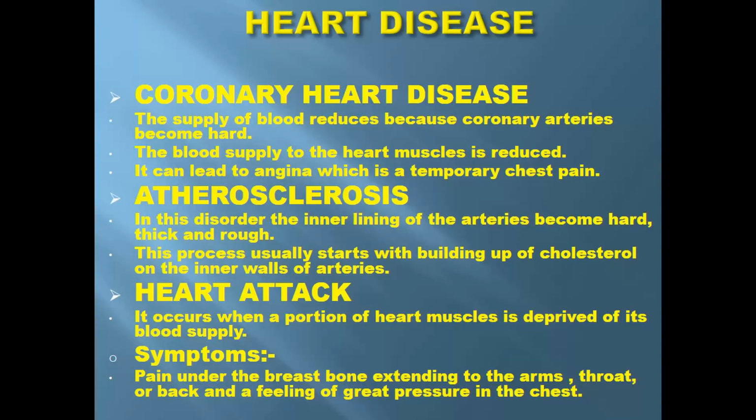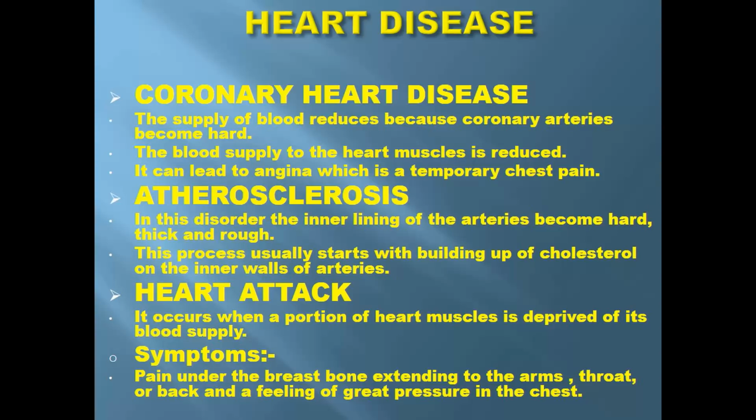The next is atherosclerosis. In this disorder, the inner lining of the arteries becomes hard, thick, and rough. This process usually starts with the building of cholesterol on the inner walls of the arteries. And the third heart disease is heart attack, which is the extreme event.